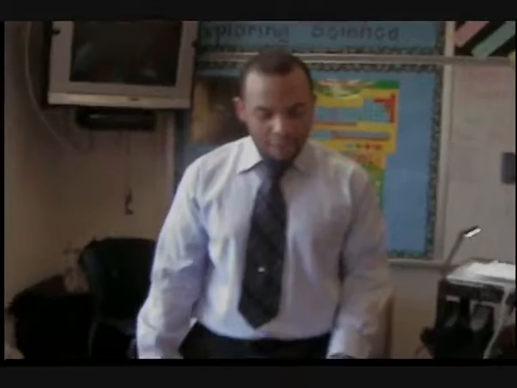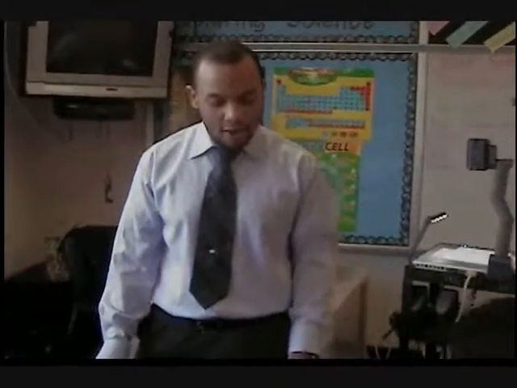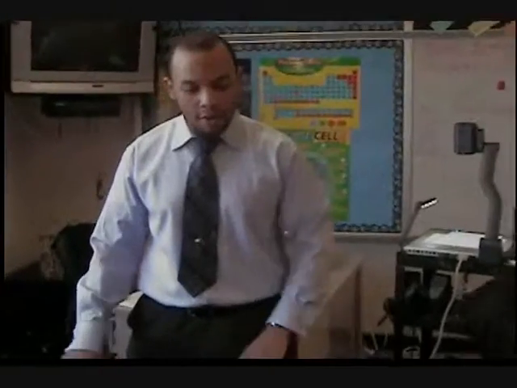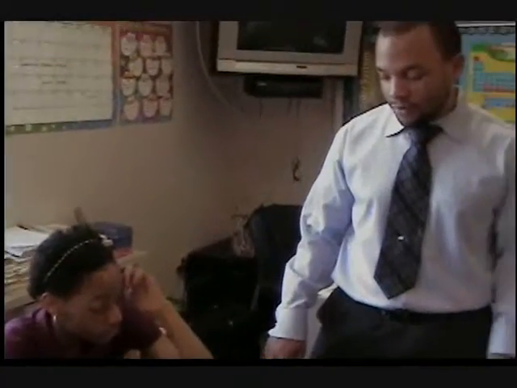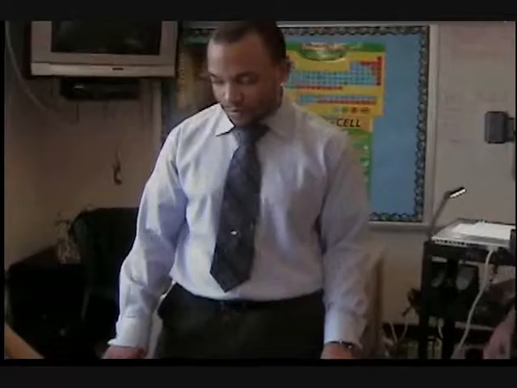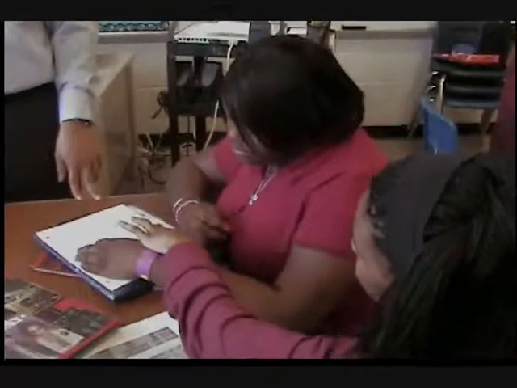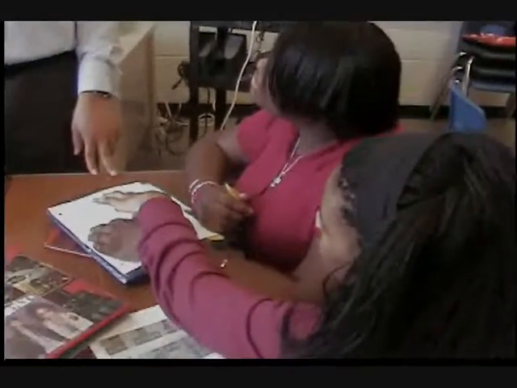So when we look at line plots, is that a categorical type of graph or is that a numerical type of graph? It's numerical. So when it's numerical, that means you're gonna have numbers on your bottom axis. We could have put the numbers up there.